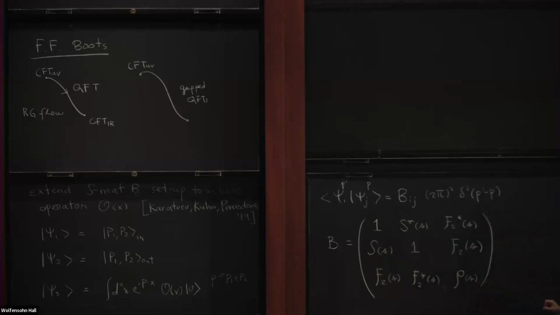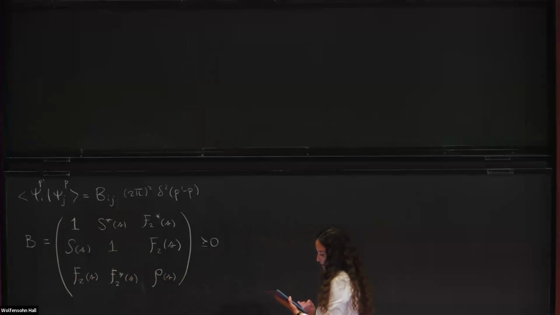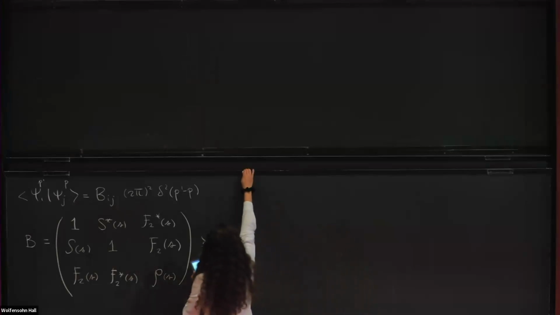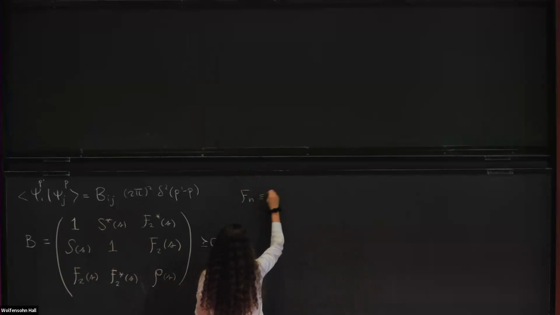And now unitarity will tell us that this matrix should be positive semi-definite. Okay, let me first just write the definition of the form factor. So for n particles, you would define it in this way.